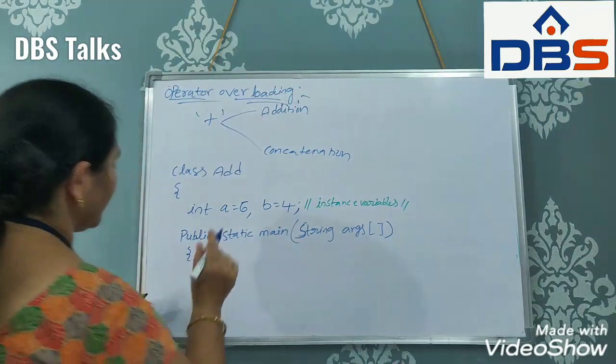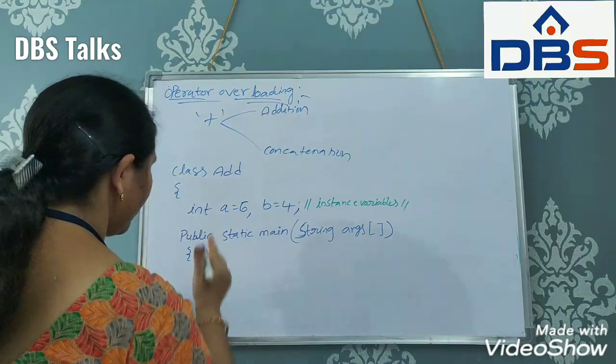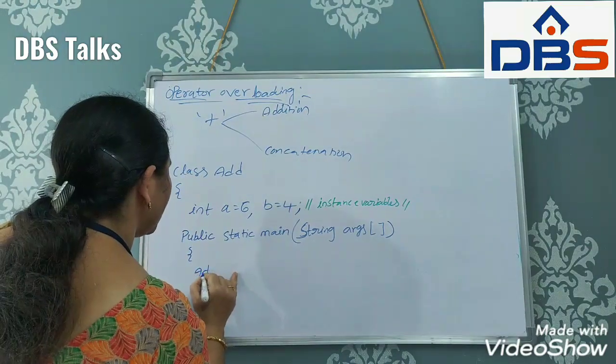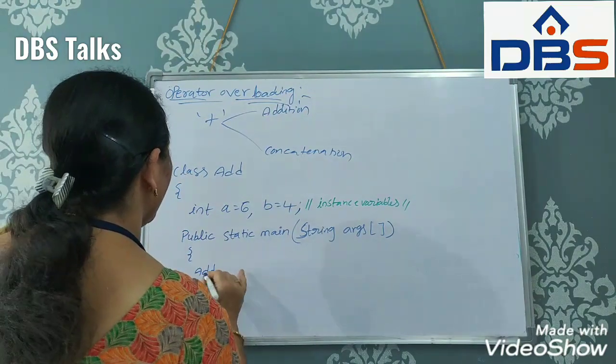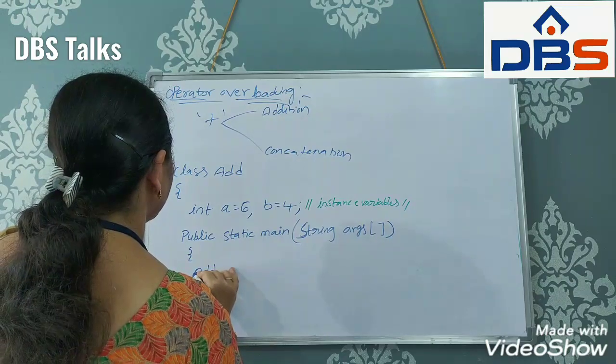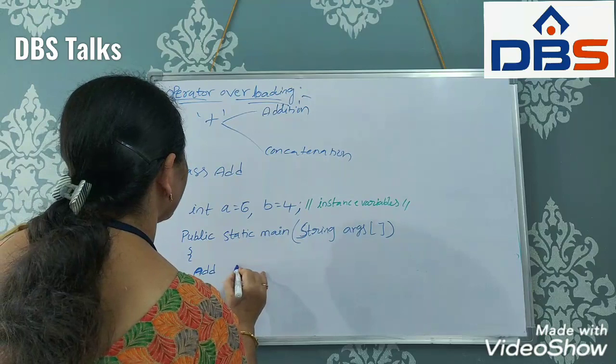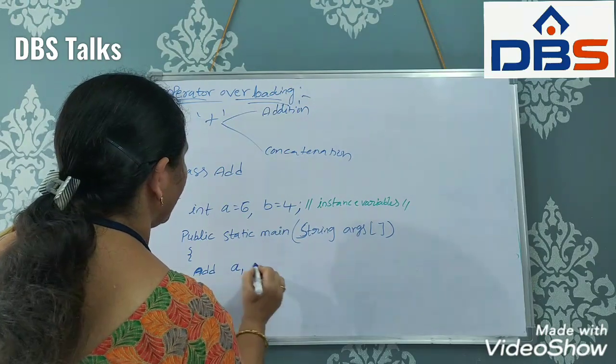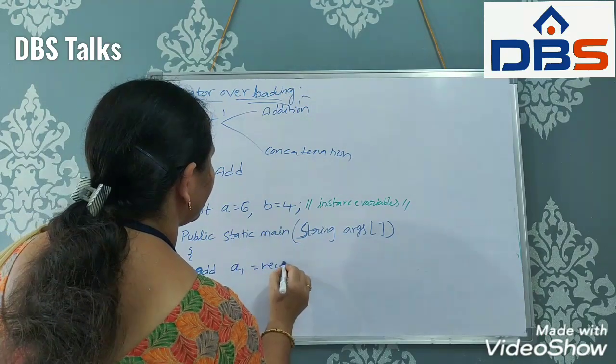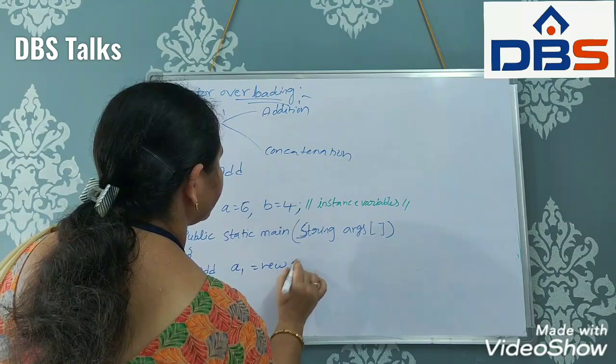Then I will create an object of the class. So my object name is A1 equal to new add.